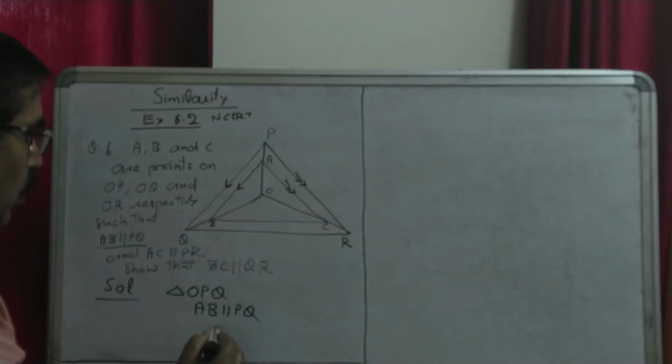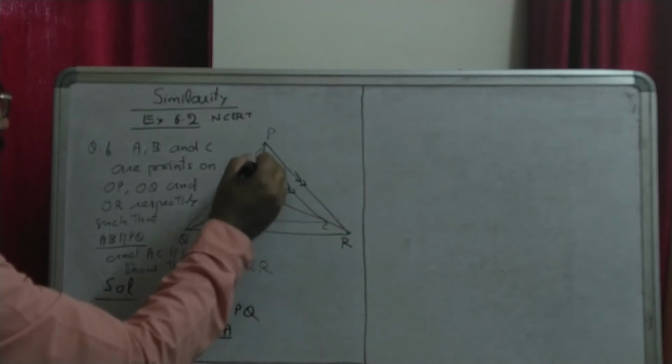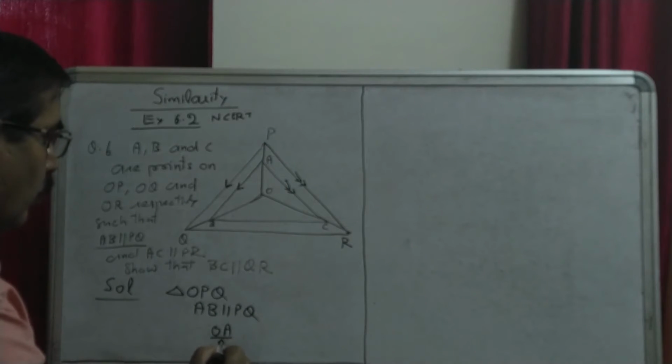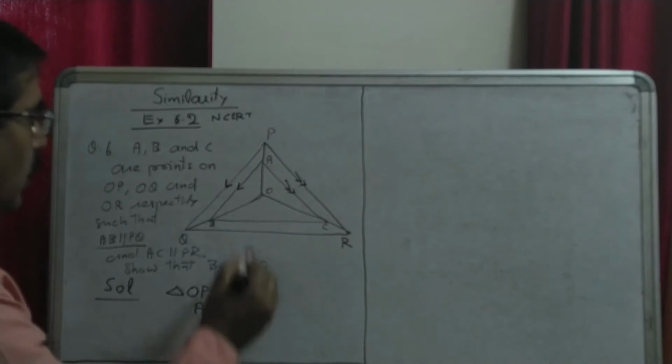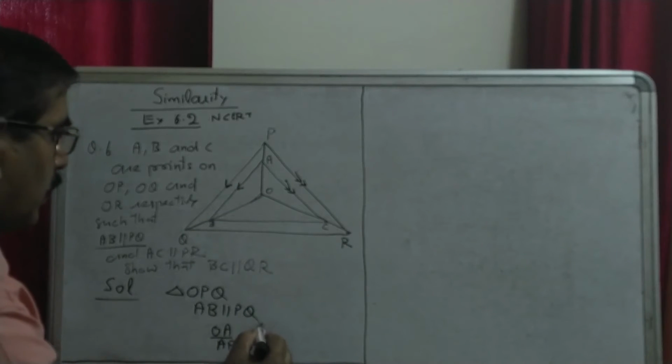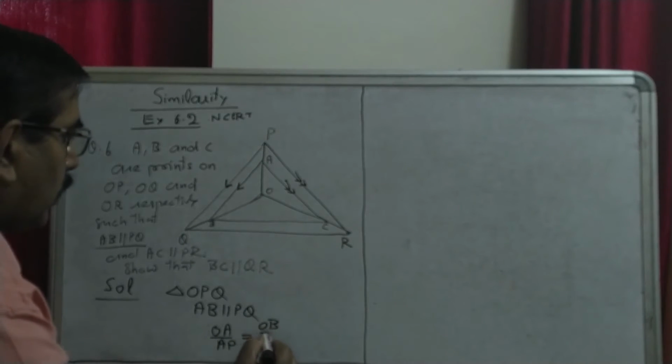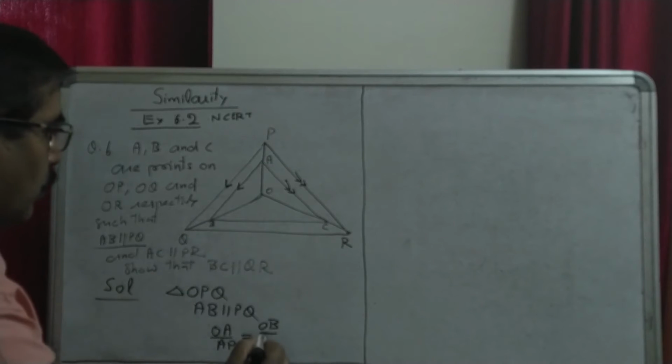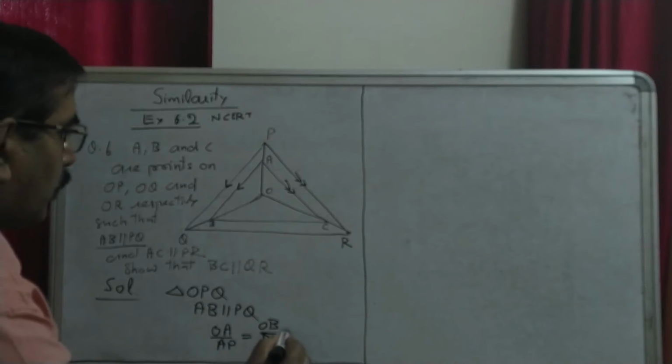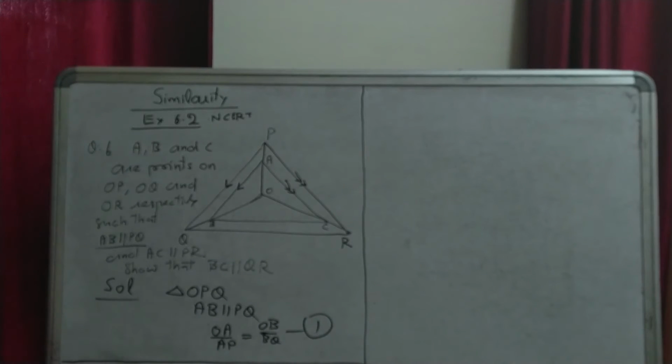It means OA over AP is equal to OB over BQ. So let it be number 1, children. So I have taken it as number 1.